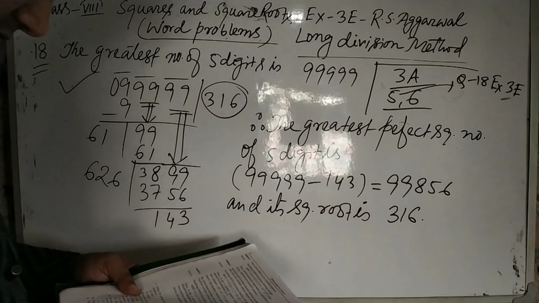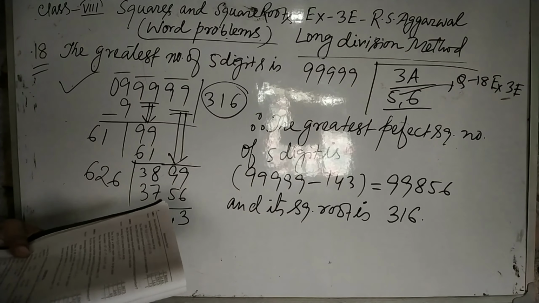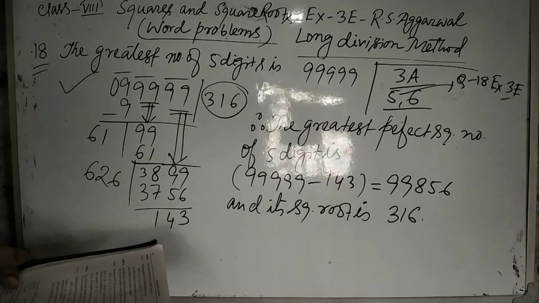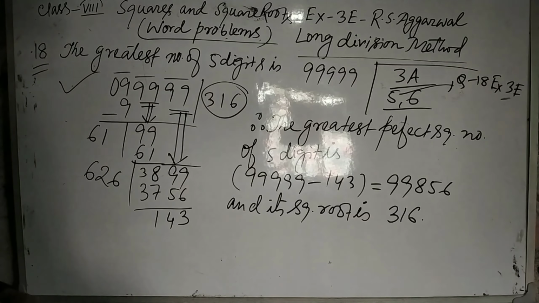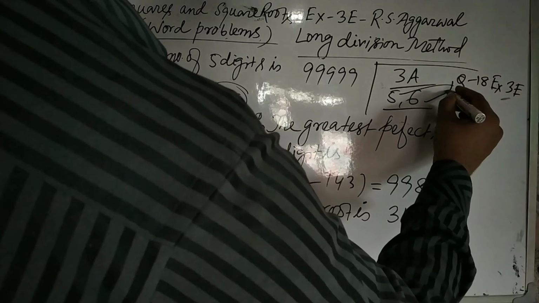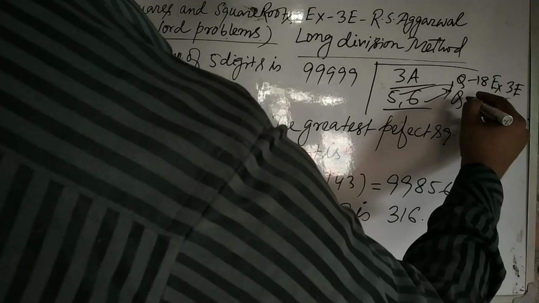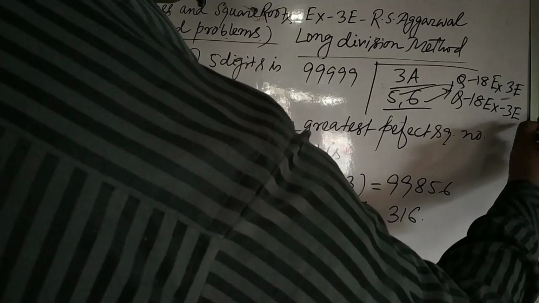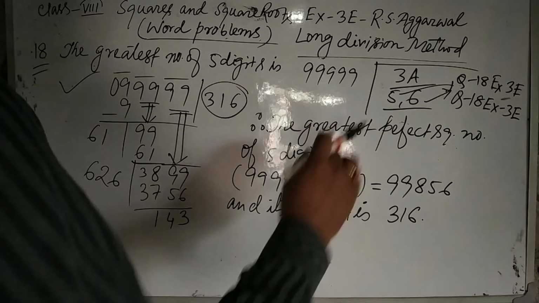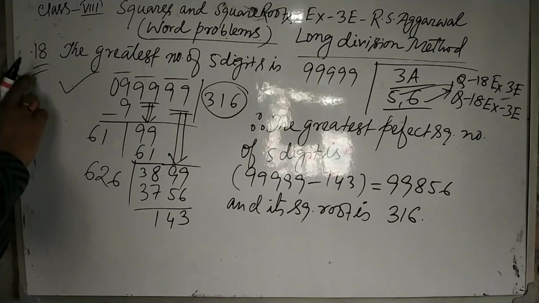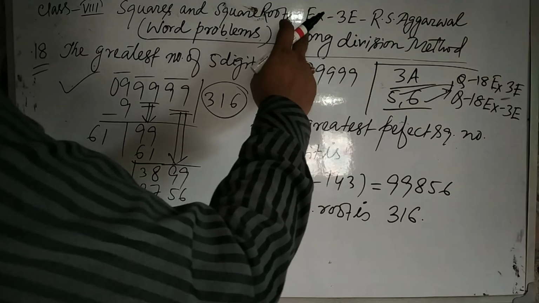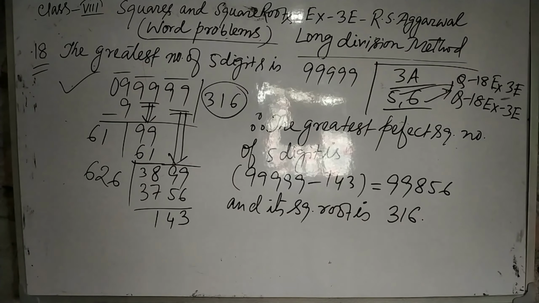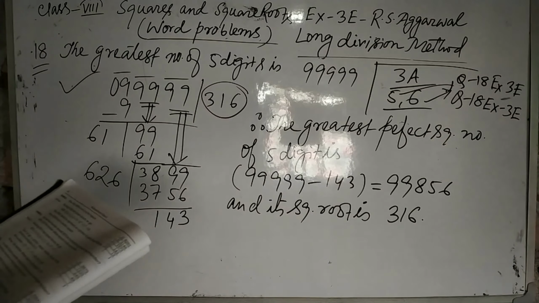And question number 6, find the largest number of 3 digits which is a perfect square number, is also equal to question number 18 from exercise 3E. So try to do these at home also.